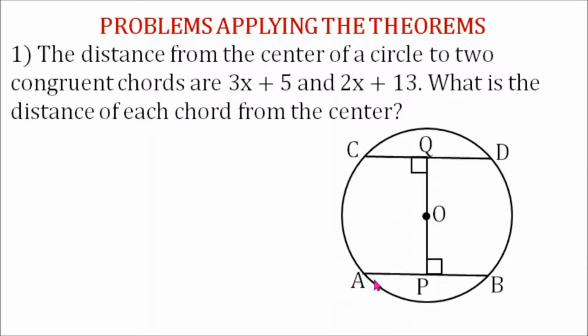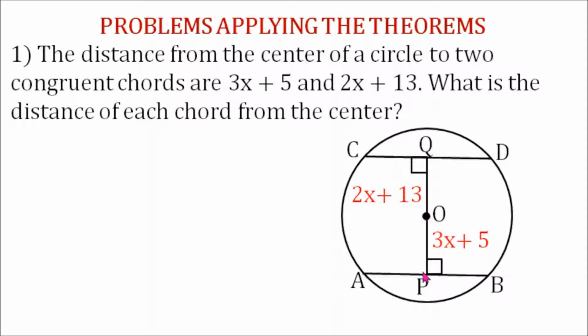We have here 2 congruent chords, AB and CD, and the distance from point O to chord AB is equal to the distance from point O to chord CD. The distance from point O to chord AB is 3x plus 5, and the distance from point O to chord CD is 2x plus 13.